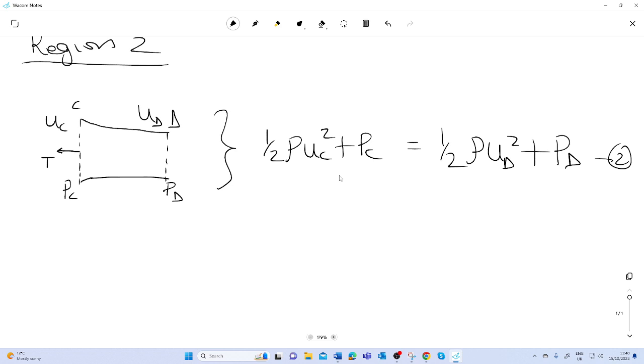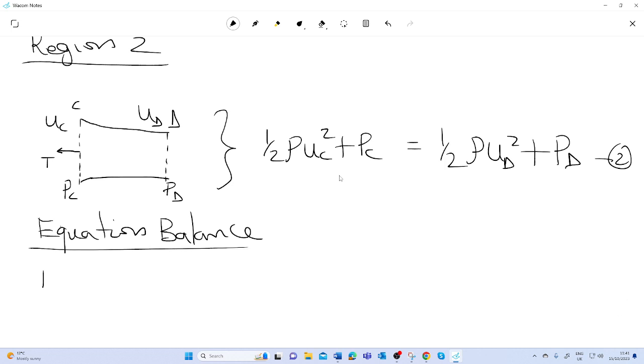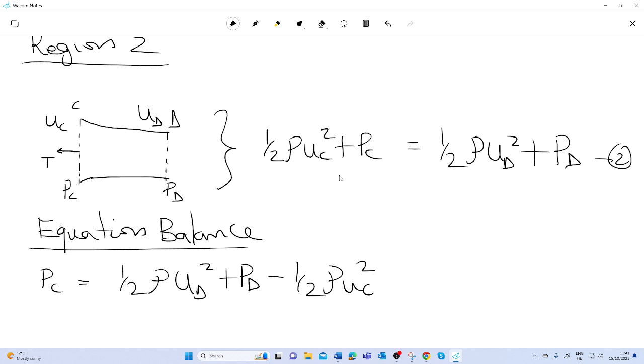Now we can single out PC and PB out of the equation. So therefore, we have our PC equals half rho UD squared plus PD minus half rho UC squared.